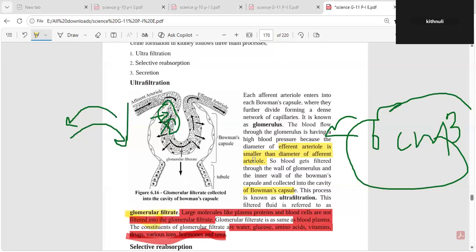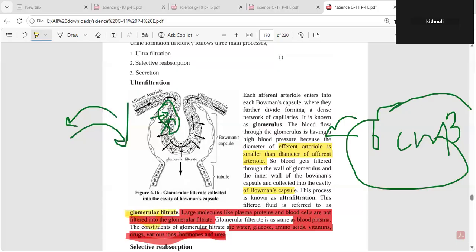Fourth one. What is the composition of glomerular filter rate? ඔය හැම ප්‍රශ්නයකටම ඒ දෙන උත්තරේම මතක තියෙන්න ඕනේ දුව.